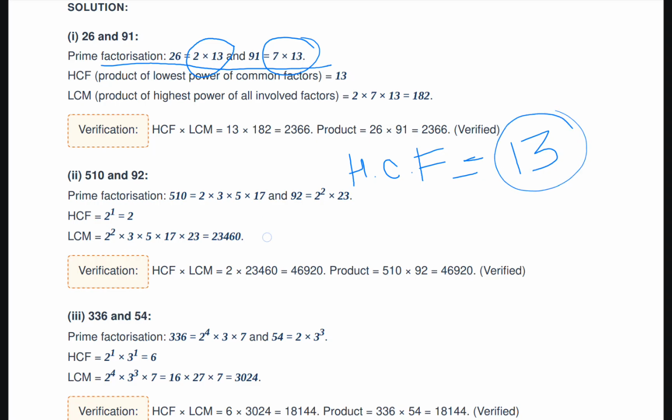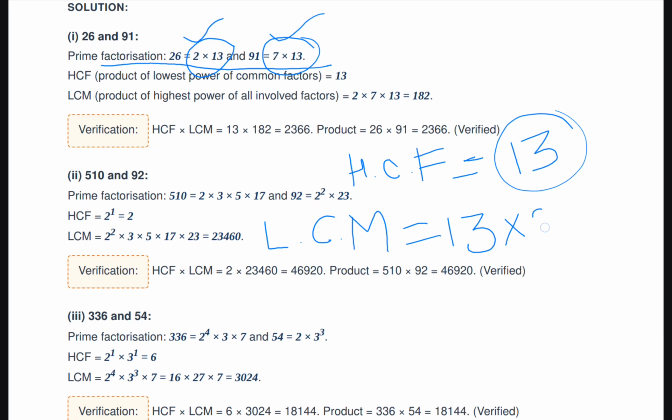Okay, now you will find out the LCM. So what will be the LCM? The LCM takes the numbers which are left after taking 13, because 13 is the HCF, common in both. You will write 13 only one time, and now you will put the remaining numbers. Now you can see here what the remaining numbers are, and that is 2 and 7.